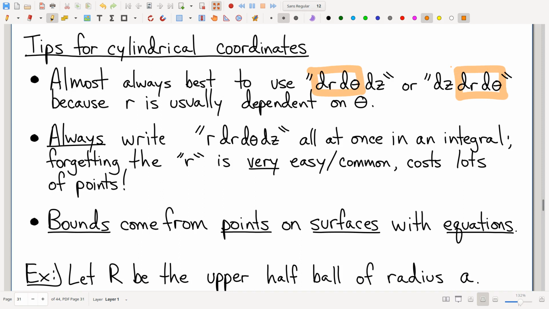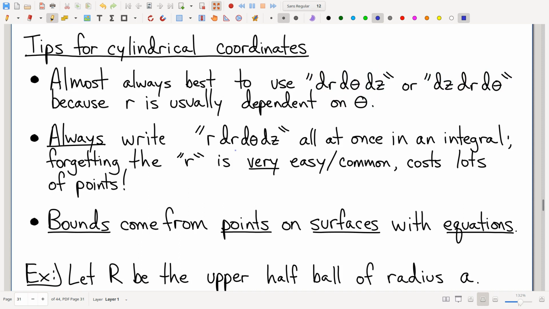And then the question is simply, is the dz on the outside of the dr d theta or on the inside? How you choose between these, you could probably guess. It's largely a question of what's more naturally and conveniently viewed as a function of which other. If you are given z as a function of r, for example, you'd probably want to pick this one on the right. And if you're given r as a function of z, you'd probably want to pick this one on the left.